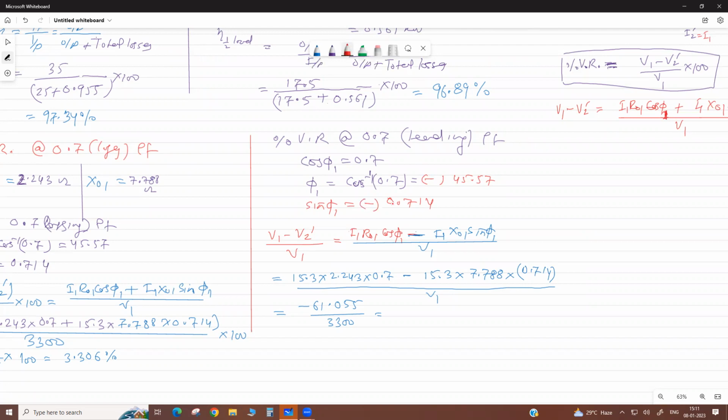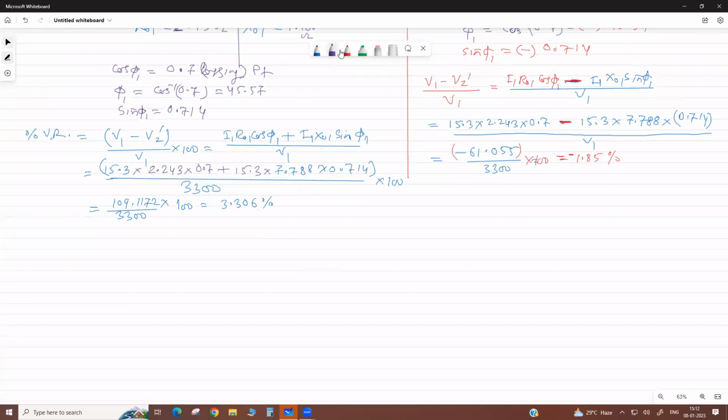Sin phi is minus 0.714. That's why this negative sign comes here. And now when we calculate it as a percentage, it is 1.85% negative. So this is the voltage regulation in both cases.